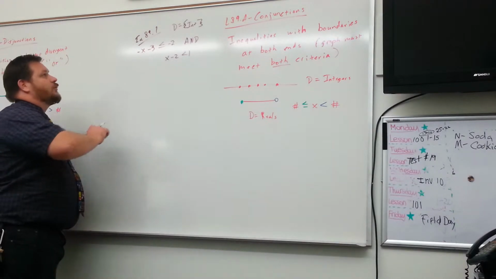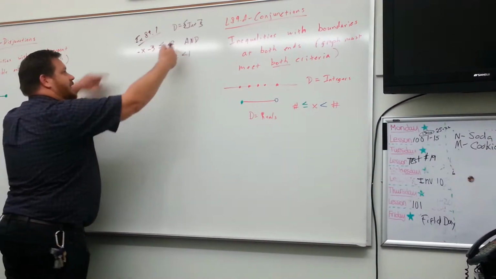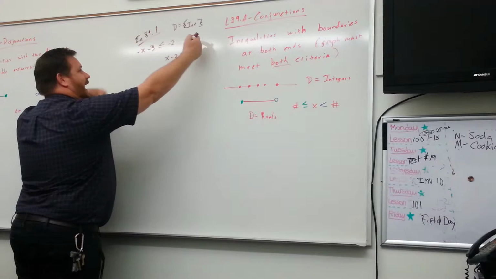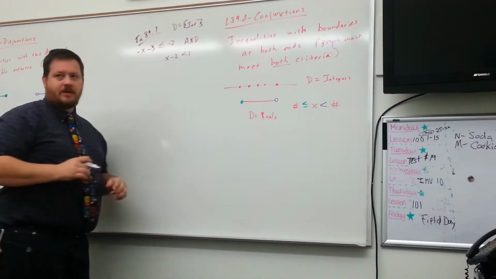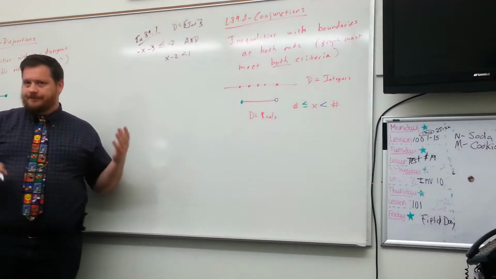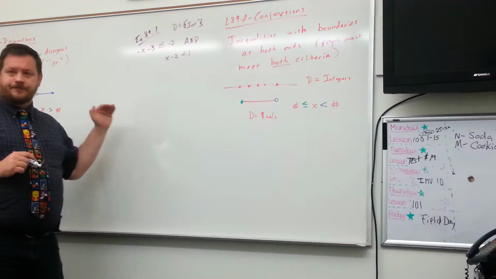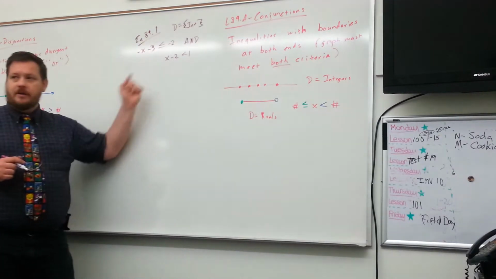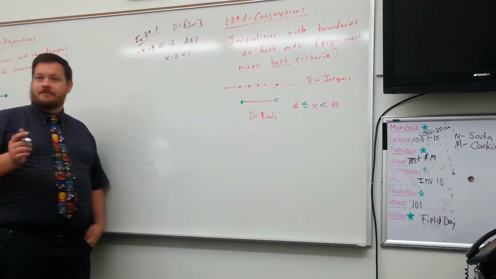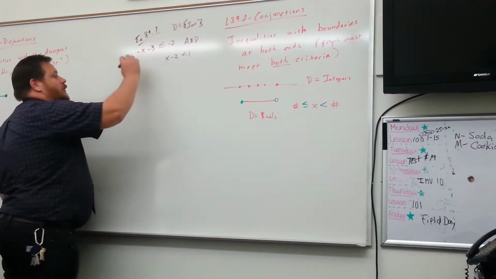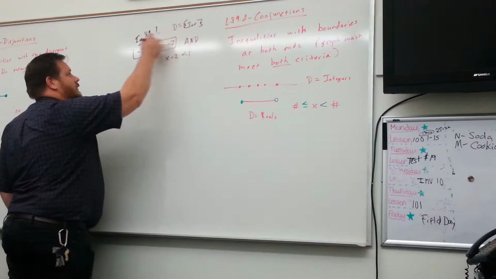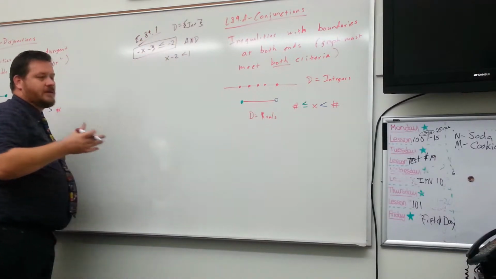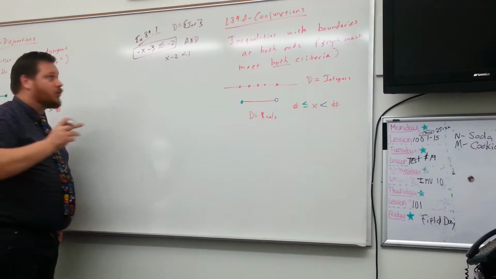All right, so we have this inequality statement and this inequality statement, and when we graph it on the number line, whatever we put on that graph has to meet both of these criteria. Let's work with this part first. Let's get x all by itself on one side of the inequality.